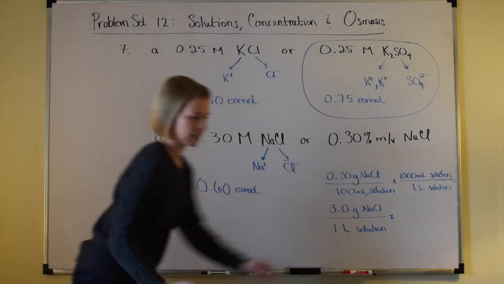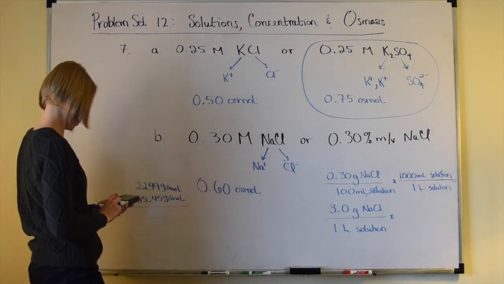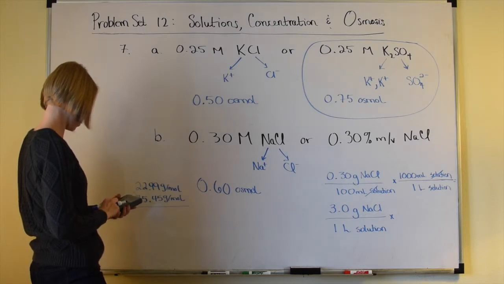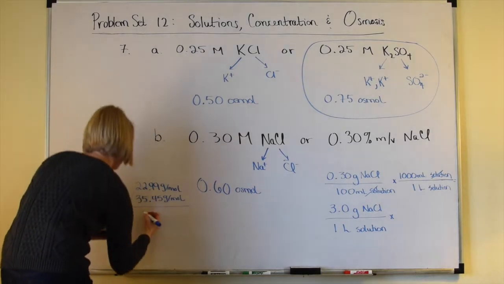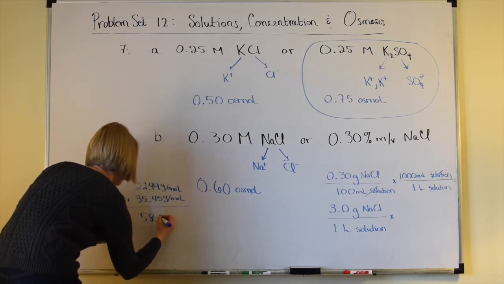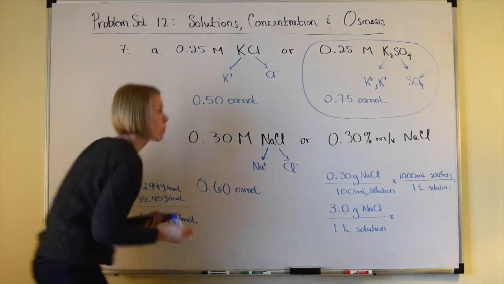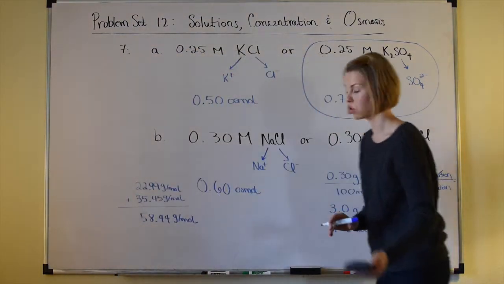Okay, add them together. I get 58.44 grams per mole for my molar mass of sodium chloride.